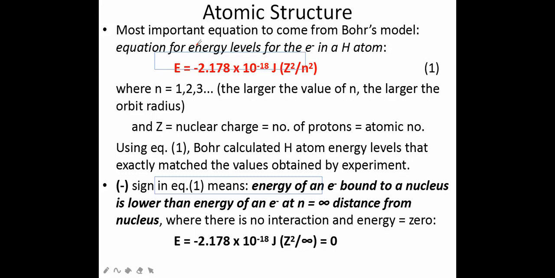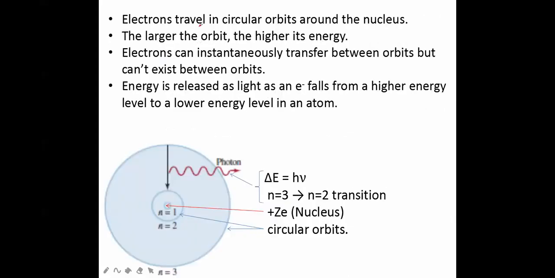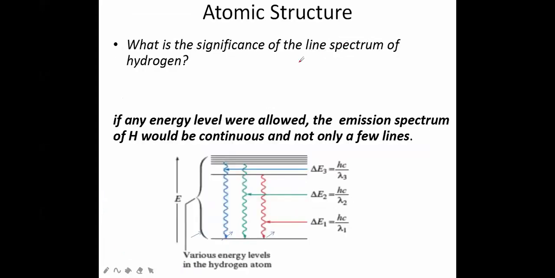So when do we use this formula? When finding the energy an electron has gained or lost by moving from one energy level to the next. Let's look at this slide. An electron moving from energy level 1, which is closer to the nucleus, to energy level 2 will gain energy.